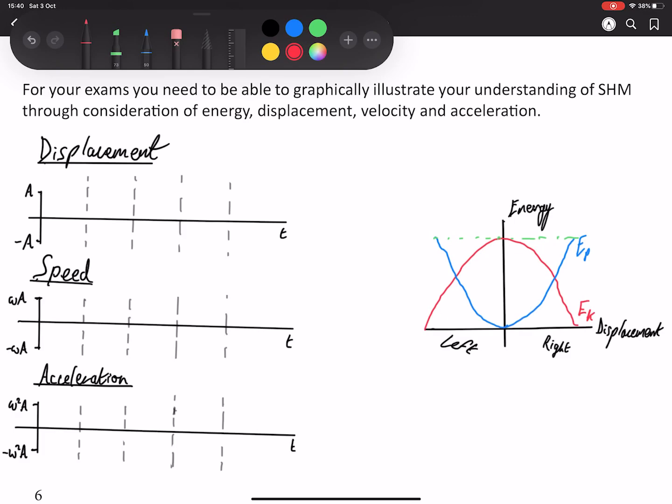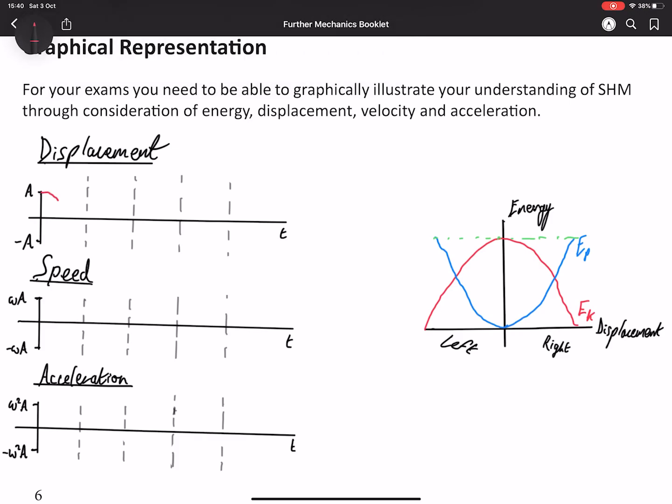So maximum displacement, speed, or acceleration, and the opposite for the other direction. And we're going to look at how that changes with time. Now you can see here for displacement, it's not a perfect curve, I'm afraid, but you can see a nice and simple cosine function.